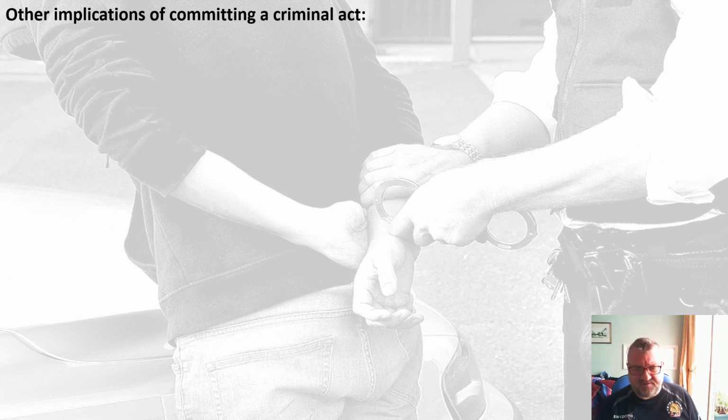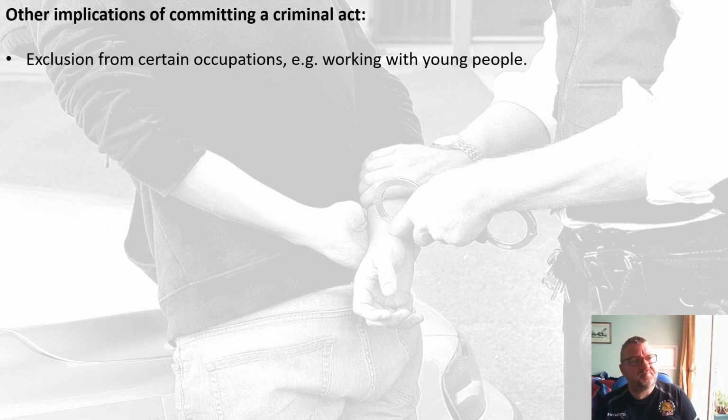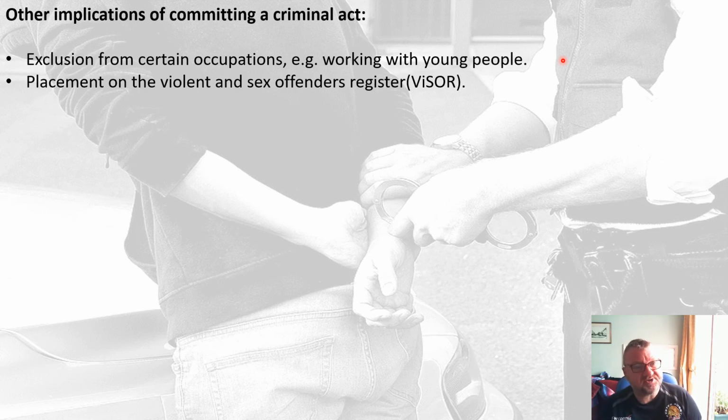And of course, there are other implications to committing a criminal act, not just the sentence that you served or the fine you've paid or the community service you've done, but you can be excluded as a result of a crime from certain occupations, such as working with young people. Anyone that applies to be a teacher has to have an enhanced DBS check done on their criminal past. If you commit a sex crime, you can be placed on the Violent and Sex Offenders Register, VISOR.